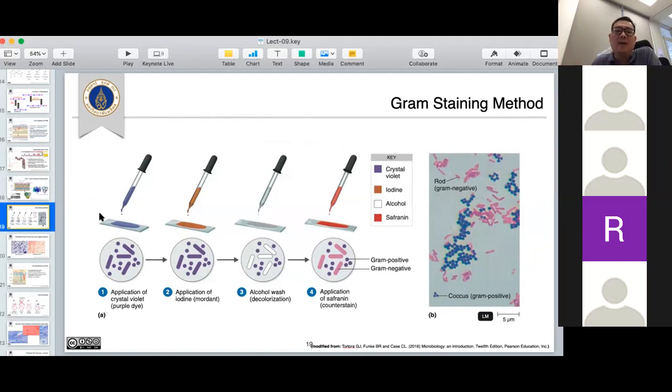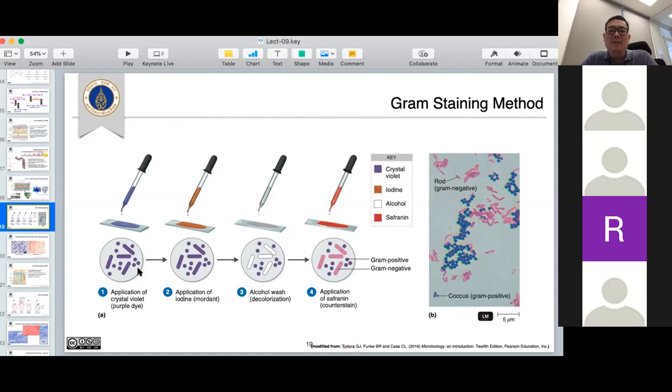Wash with water, and then add gram iodine. Gram iodine is a mordant. Mordant means a chemical that links the primary stain. Normally, crystal violet is a small molecule. When you stain, crystal violet goes inside the cells in both gram-positive and gram-negative. Be careful, crystal violet itself is a basic dye.